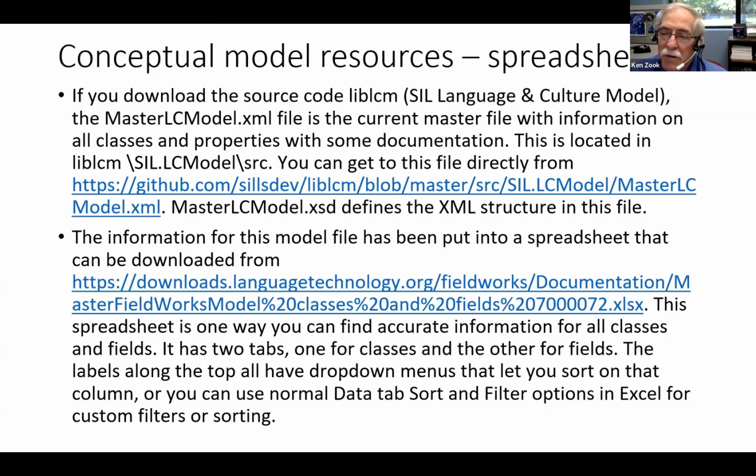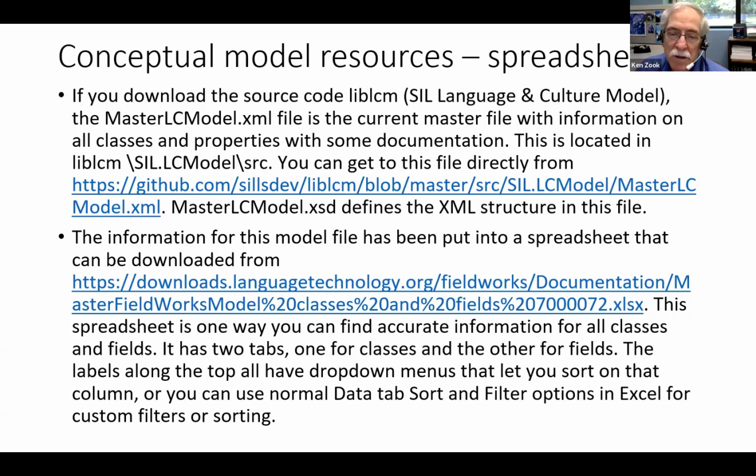And it's located in the liblcm sil.lc model/source directory, but you can get to this directly from GitHub by going to this link if you're interested in seeing that or using it for anything.